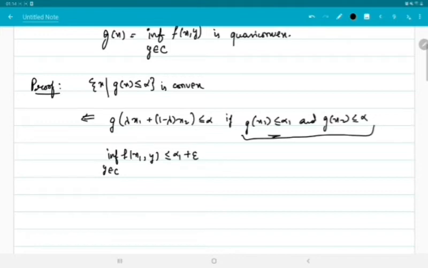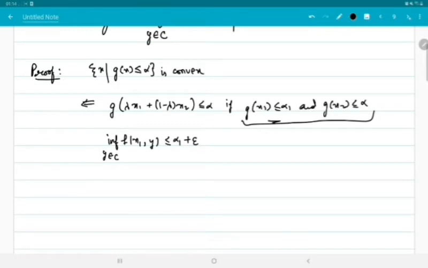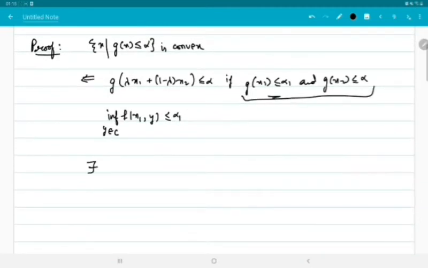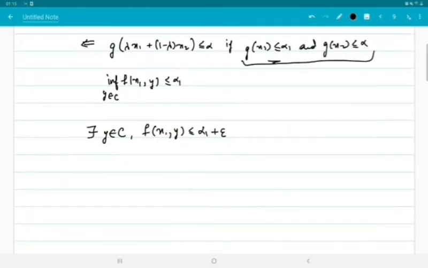So we shield the infimum by adding an epsilon. Then there exists some y in C for which f of x1, y is less than or equal to alpha 1 plus epsilon, and similarly there exists a y in C for f of x2, y being less than or equal to alpha 2 plus epsilon.